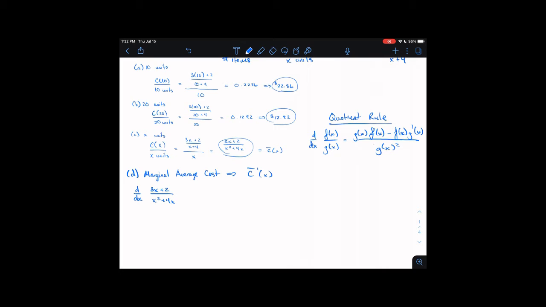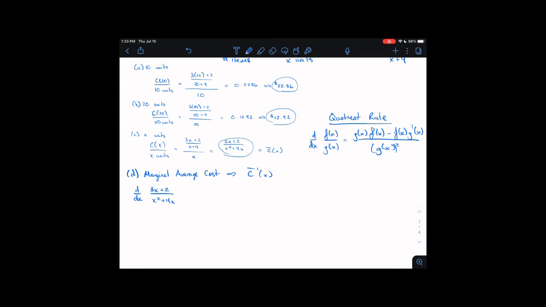There's a little moniker, or a slogan, that people use to remember this: low D high minus high D low, square the bottom, and away we go.